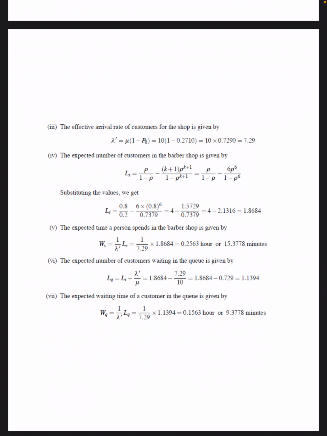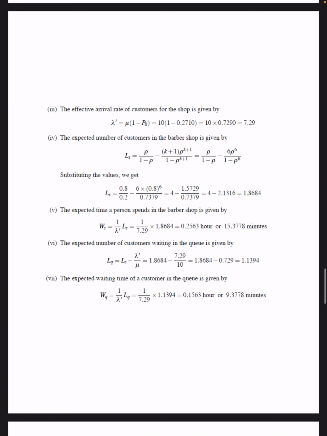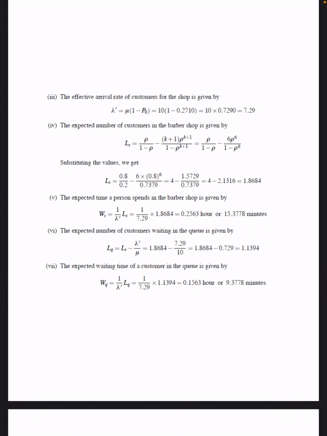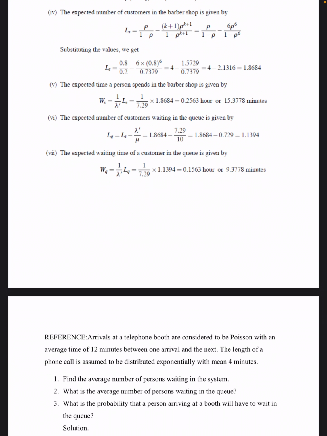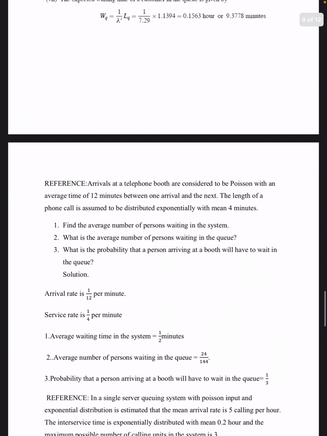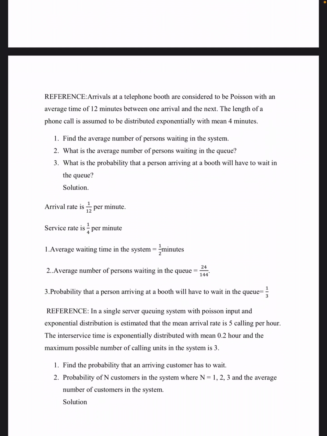Substituting these values we are getting 1.8684, and Ws is 1 by lambda dash Ls, equal to 15.3778, and LQ equal to Ls minus lambda dash by mu equal to 1.1394, and WQ equal to 1 by lambda dash into LQ, that is 1 by 7.29 into 1.1394, that is 0.1563 hour.